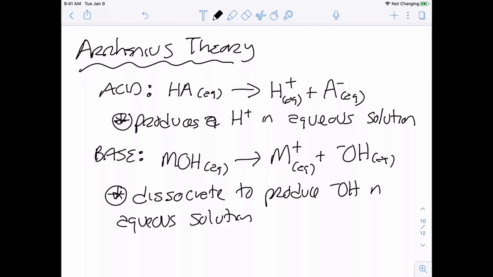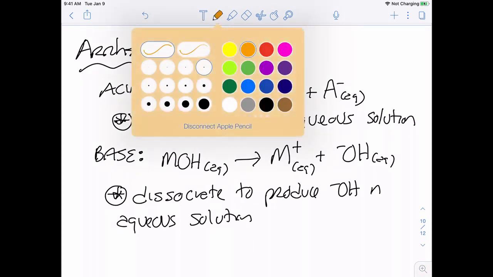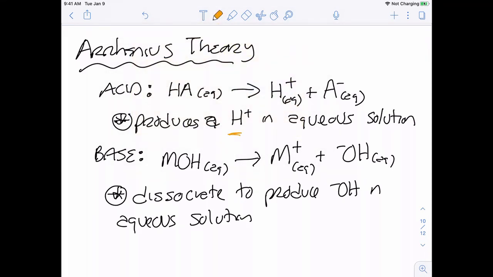So our acid is going to ionize to form a hydrogen ion in aqueous solution. And then our base is going to form a hydroxide ion in aqueous solution. When we write an acid-base neutralization reaction, what's going to happen is the hydrogen ion from my acid is going to combine with the hydroxide ion from my base, and we're going to form a water molecule.